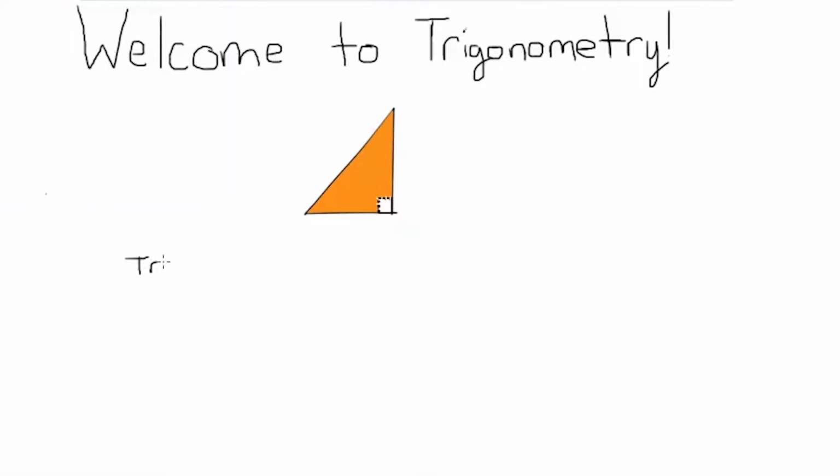Many people often complicate trigonometry and make it seem harder than it actually is. Trust me, trigonometry isn't as hard as many people make it out to be. It's actually quite simple.